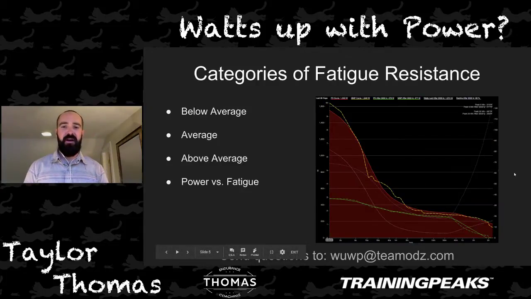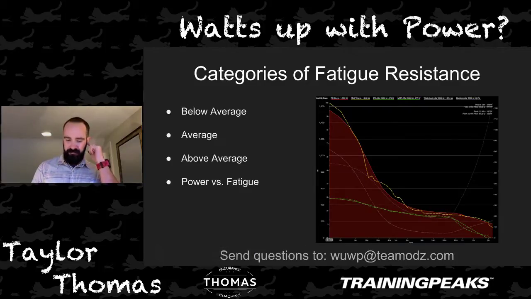So when we get our numbers, we look at the fatigue resistance. There are categories of fatigue resistance, and these are, again, just tools to help you understand, much like the rider phenotype.